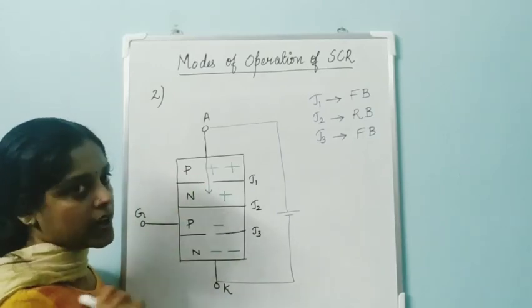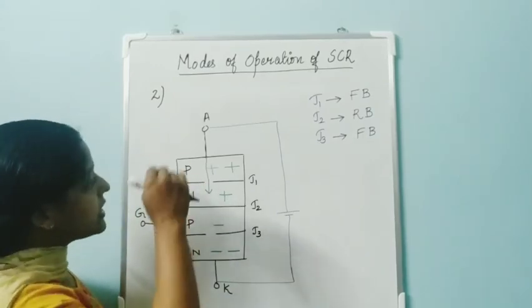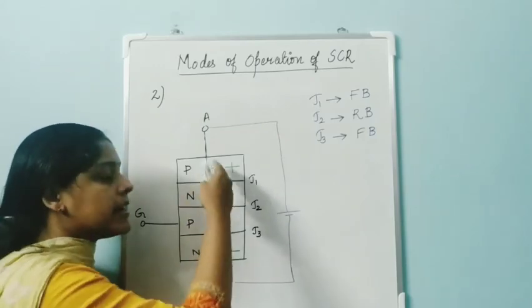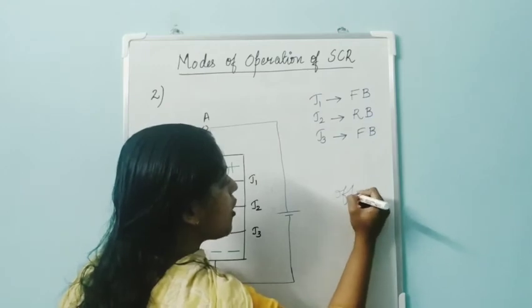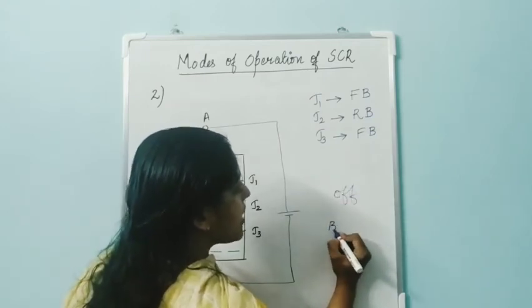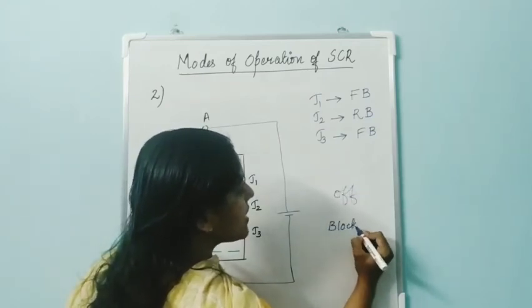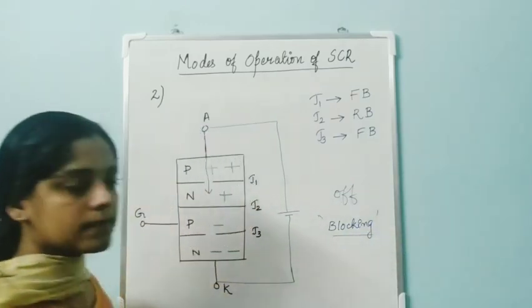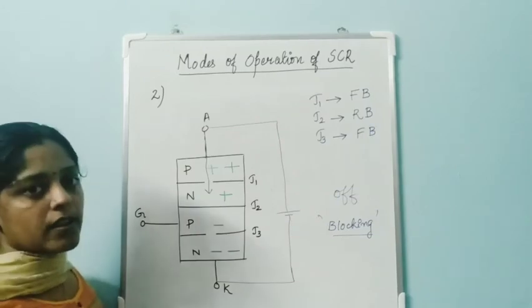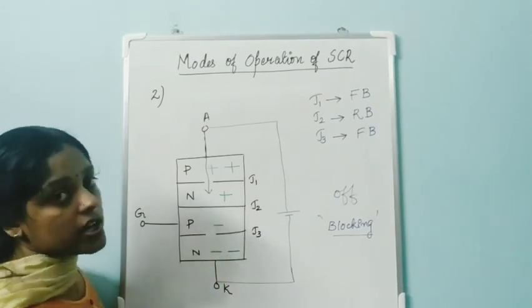It is not ready to conduct. So you can say that in this mode of operation also, the device is not conducting, or the device is under off condition, or otherwise you can say that the device is under blocking mode. Isn't it? It is not conducting because junction J2 is reverse biased.